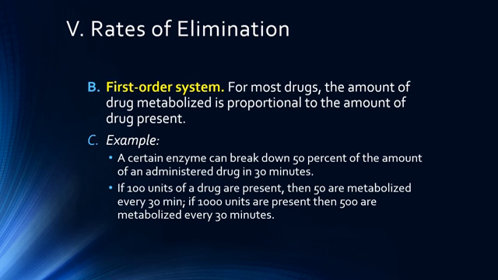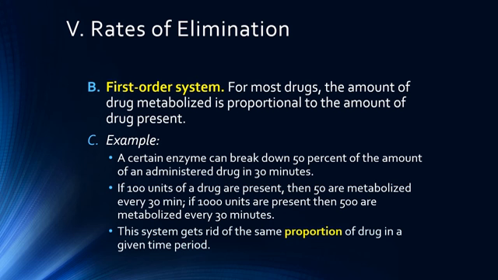So you're going to eliminate half of it in those 30 minutes, and then half of that again. This is not a linear reduction. This is a curvilinear reduction. The system gets rid of the same proportion of the drug in any given time period. It's not that we're eliminating a certain amount, it's that we're eliminating a certain percentage, and it's almost always half of the drug. So we always talk in terms of half-life.